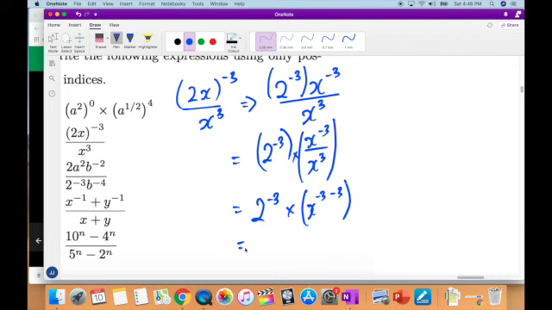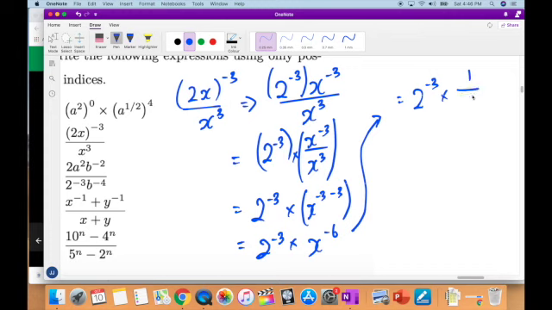So now I'll have 2 to the power of negative 3 multiplied by x to the power of negative 6, so therefore 2 to the power of negative 3 being multiplied by 1 over x to the 6. Make sense? Yeah.